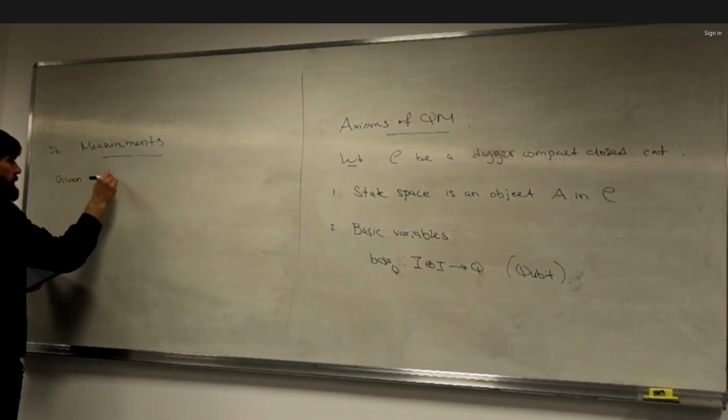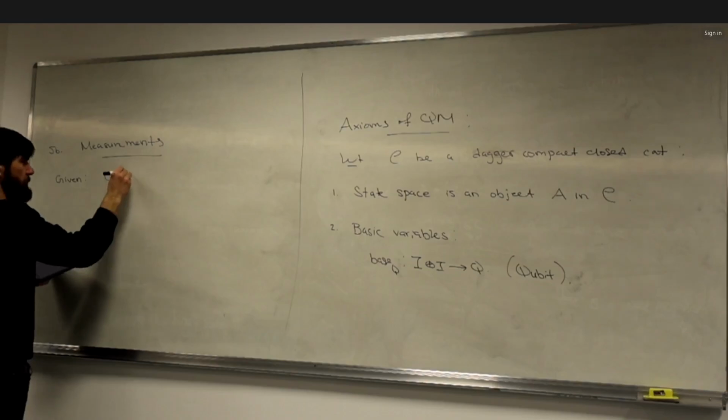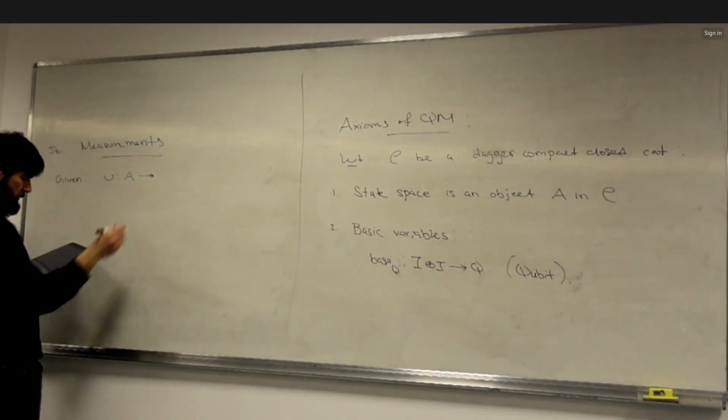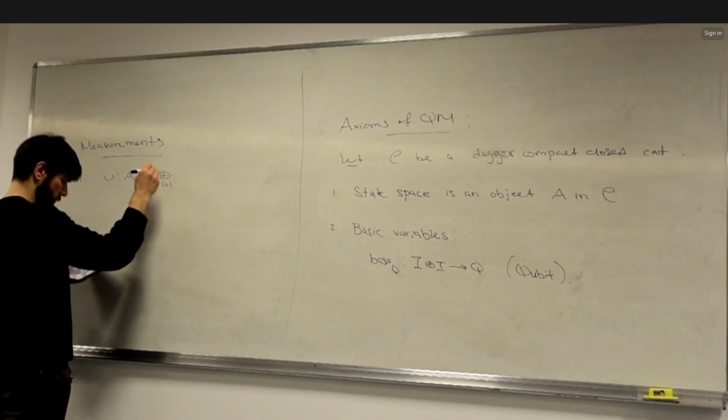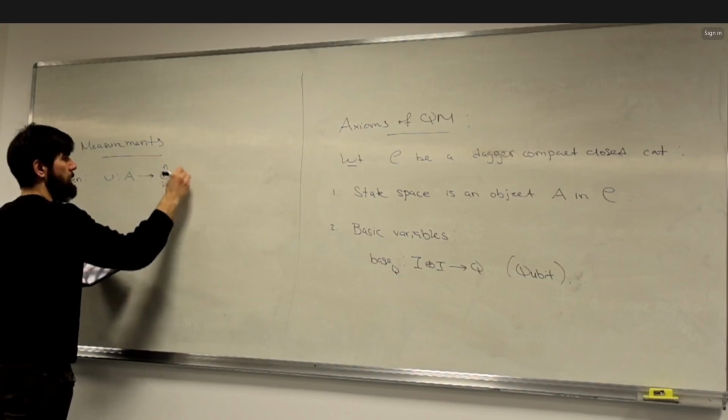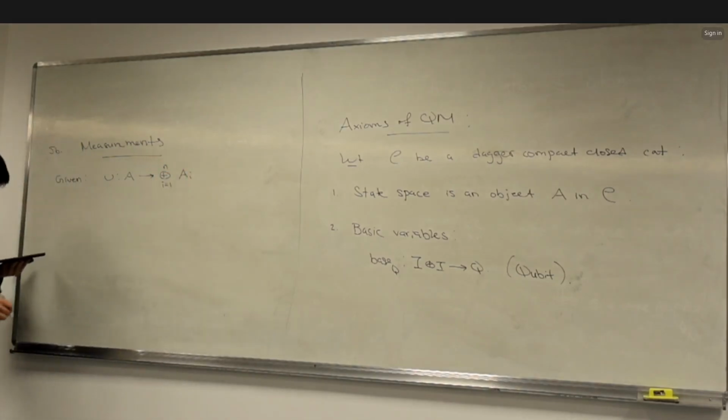Given some unitary spectral decomposition, this goes to the sum over i equals 1 to n of ai.